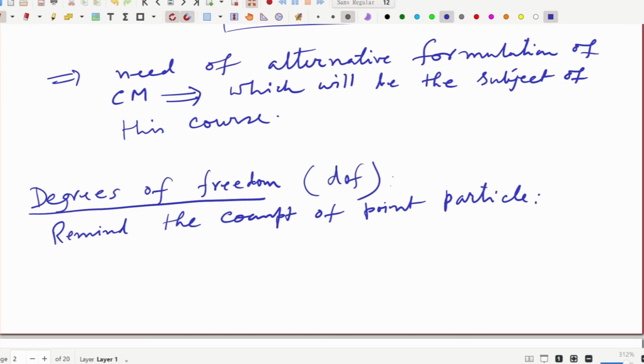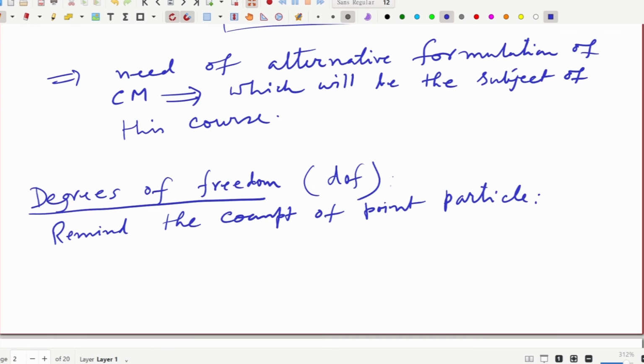I gave the example that Earth, when moving around the Sun, the distance between Earth and Sun is very large. In that case, Earth's dimension can be neglected and Earth can be considered as a point particle. But when you consider the rotation of Earth about its own axis, then Earth's diameter is important. So you have to consider the moment of inertia calculation, and you have to consider the Earth diameter.